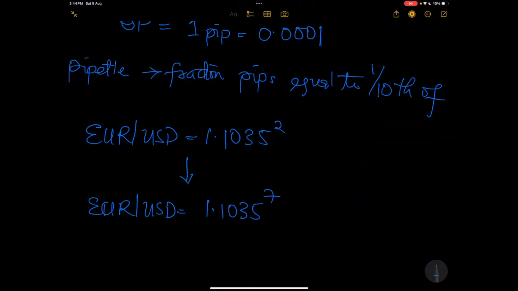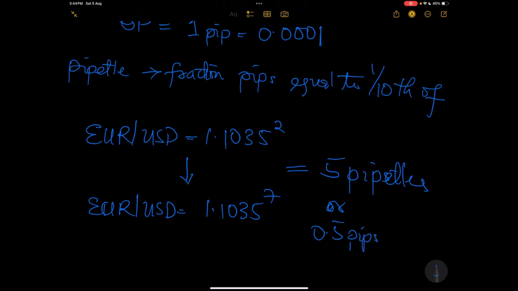How many pipettes increase has happened here? If you're a smart student, you will notice that there has been an increase of 5 pipettes, or an increase of 0.5 pips.